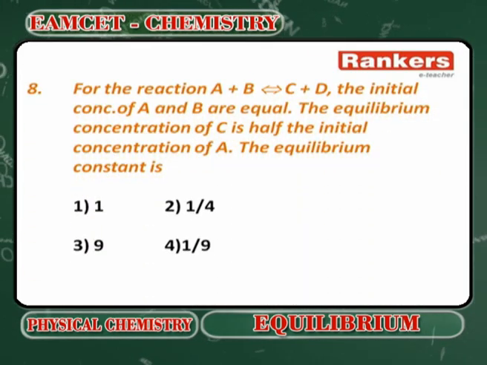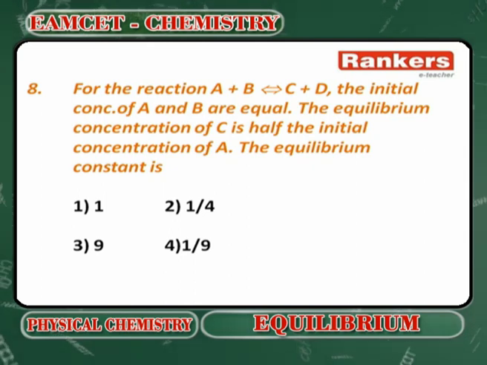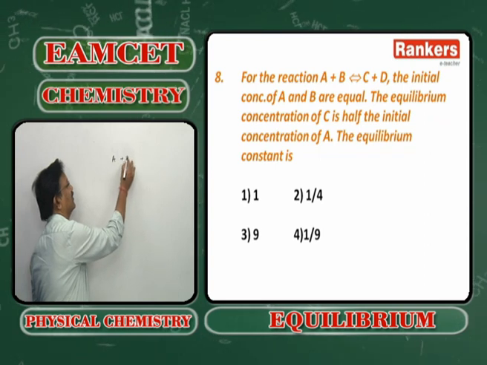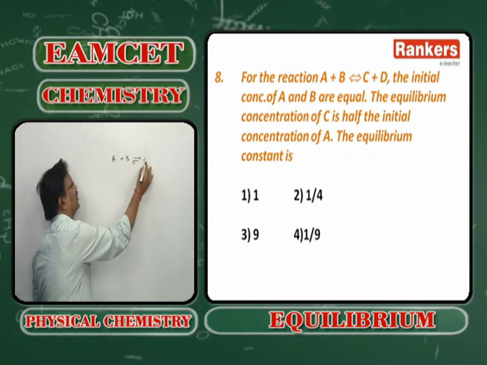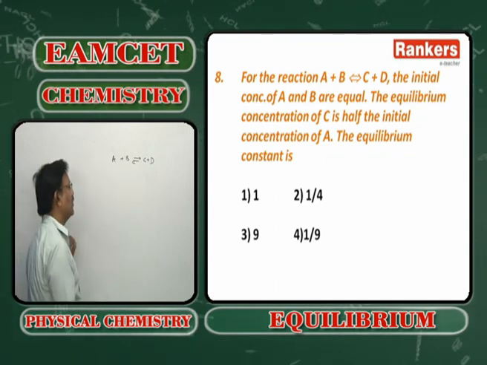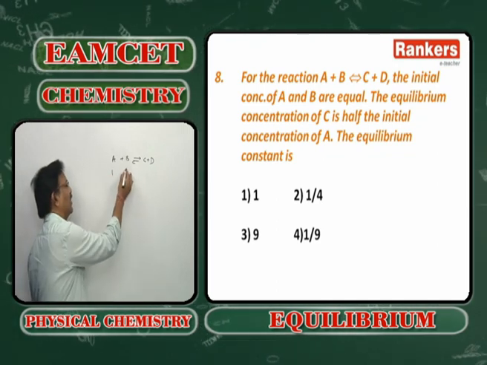Next, for the reaction A plus B gives C plus D, initial concentrations are equal. Since they said the initial concentrations are equal, we can assume anything we like.